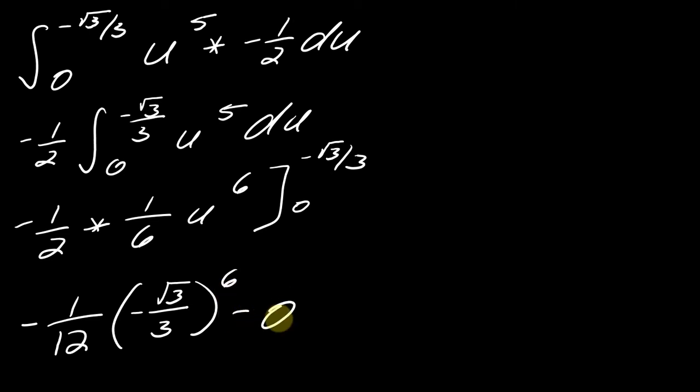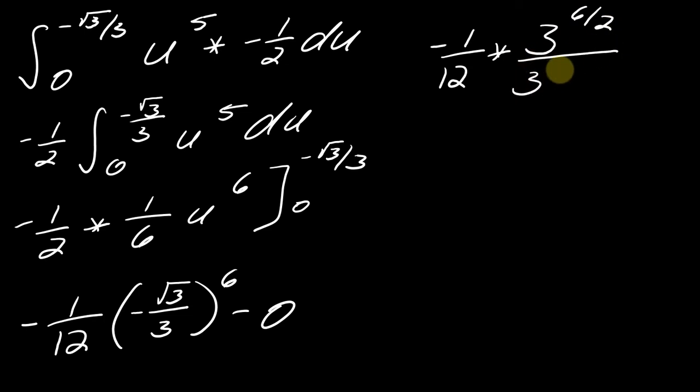minus 0. Now, just to walk you through the algebra of this, if you really wanted to go through and find the fraction, it doesn't take that much time. So this will come out to negative 1/12. Okay, so think about taking this square root of 3 to the 6. So I can simplify this to 3 to the 6 over 2, right? So writing it in its rational form.